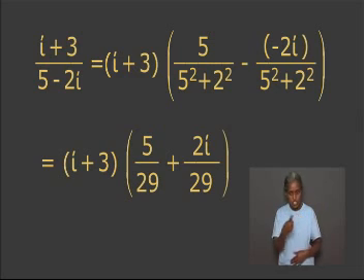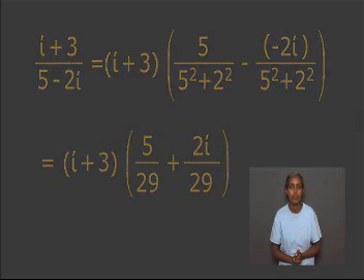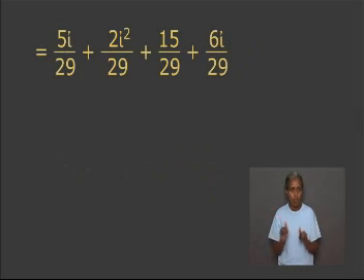Now we multiply each term: 5 iota over 29 plus 2 iota squared over 29 plus 15 over 29 plus 6 iota over 29.